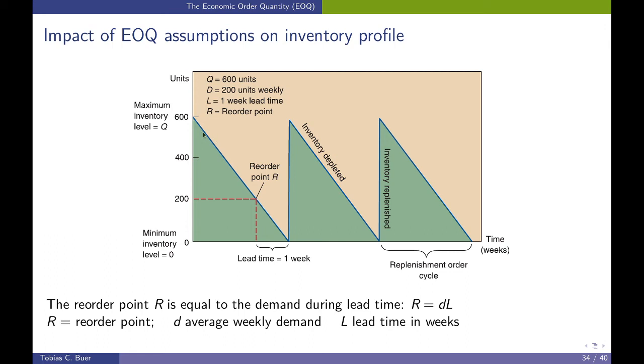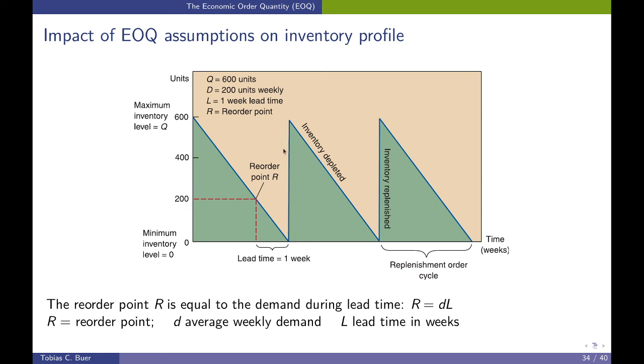So we have a straight line because our demand is constant. And you see that our inventory level reaches 0, and once it reaches 0, it is immediately replenished again to the 600 items, which are our maximum inventory.